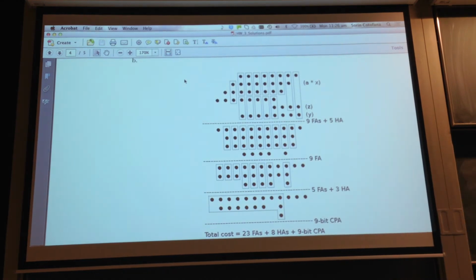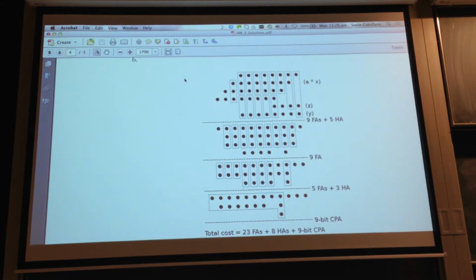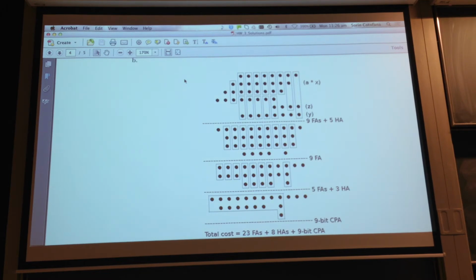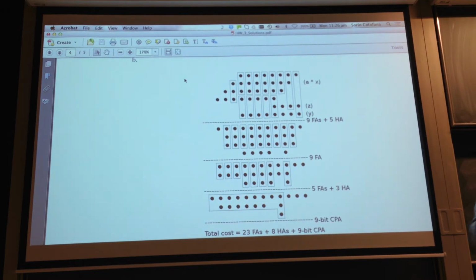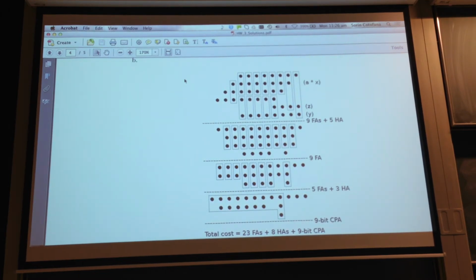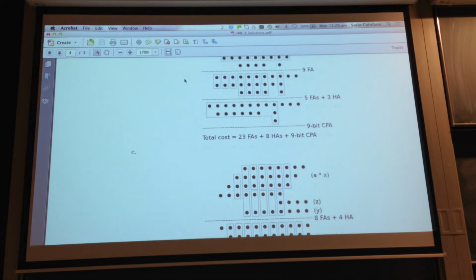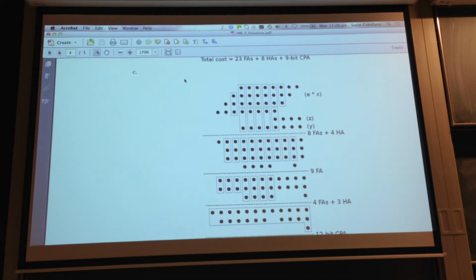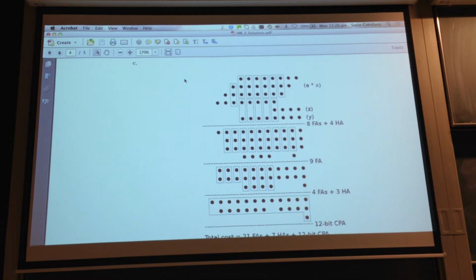When we talk about Dadda, then you have to be careful not to overcompress, okay? And that one will be penalized if you do that in the context of an assignment or the exam. In a context of the design, I don't know, this will depend on what you want to achieve. Okay, now this is the other solution.